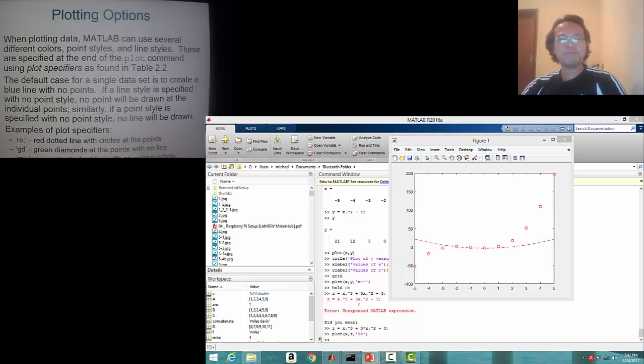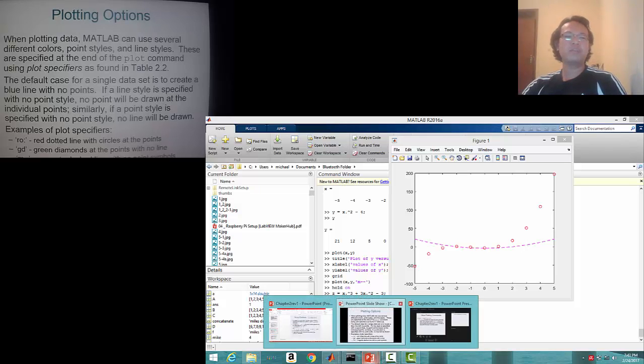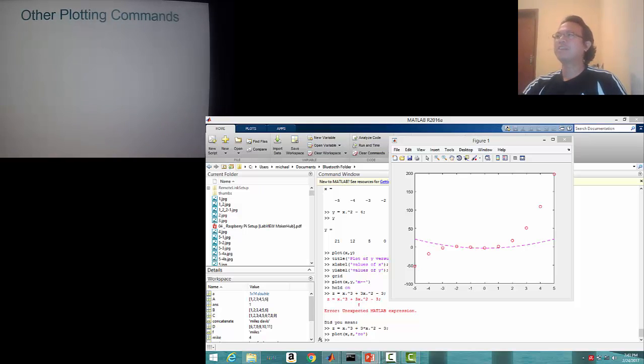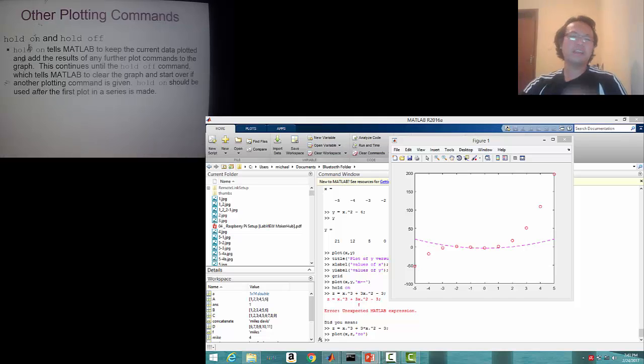Why does it not cover up this first plot? Because of the hold on command. If you put hold off, then it will simply replace it. So I think you understand that one. So many definitions here, but if you could understand that one, it will be just fine.